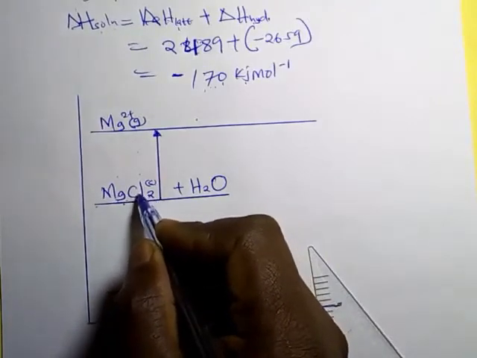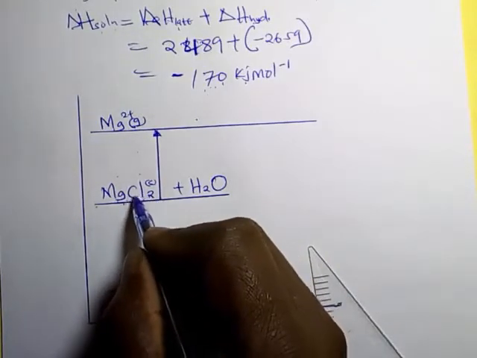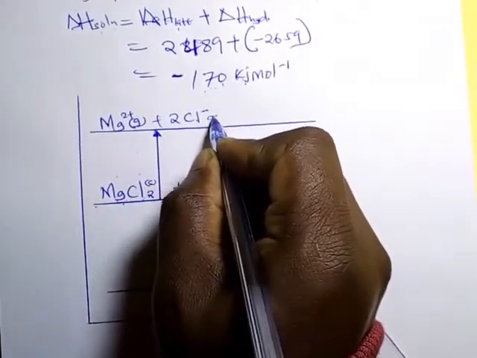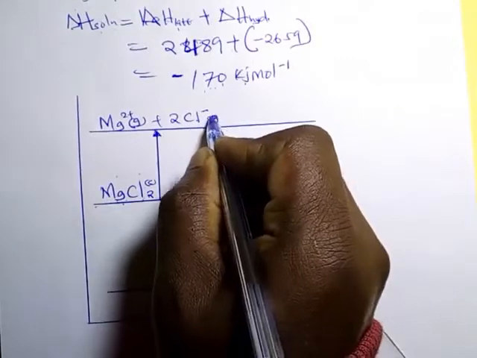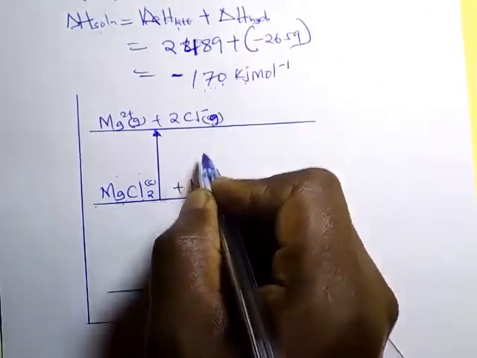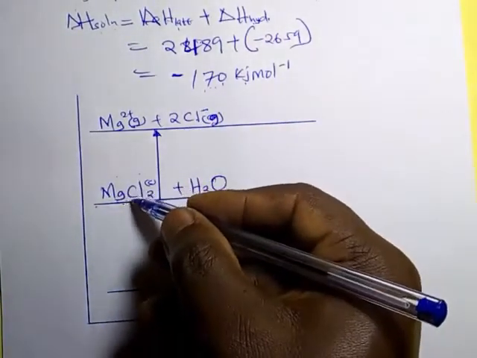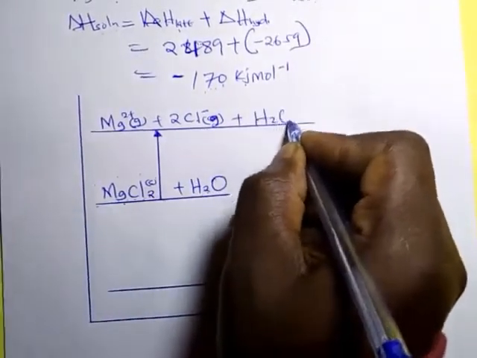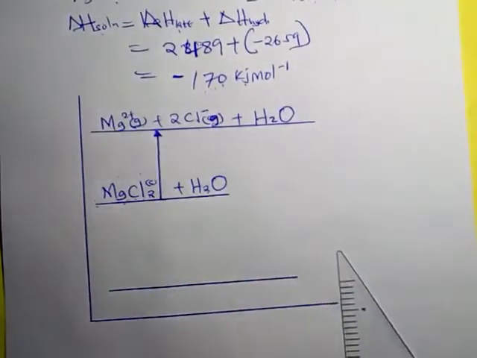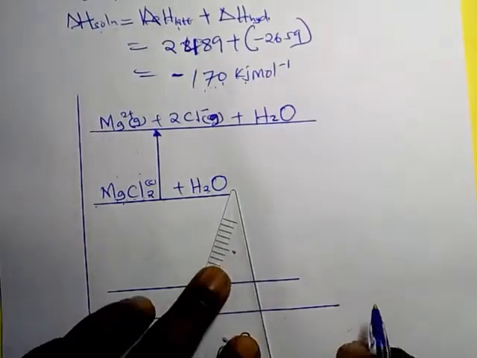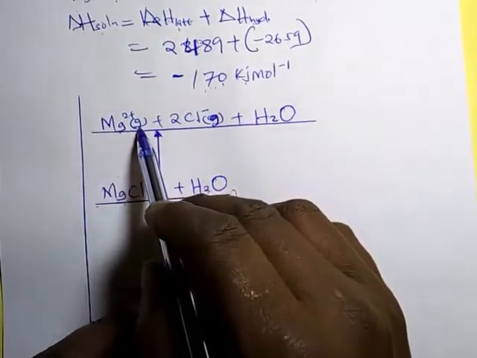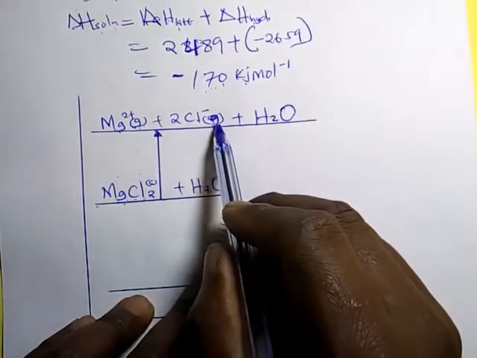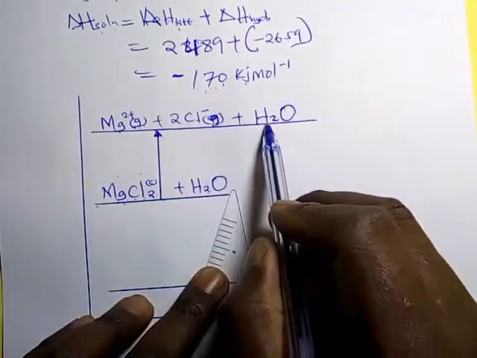The bonds are broken to form 2 chloride ions, which must be in gaseous form. But magnesium chloride is in water, so plus water. Now the gaseous magnesium ions and chloride ions are surrounded by water molecules.